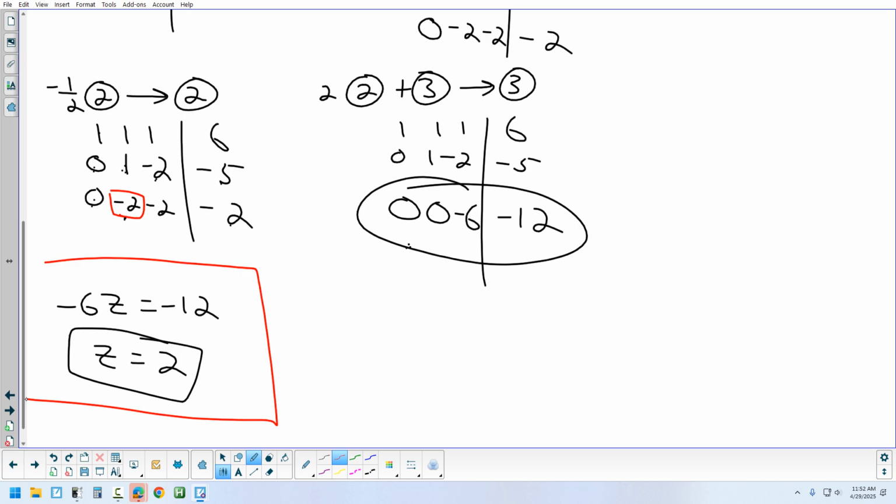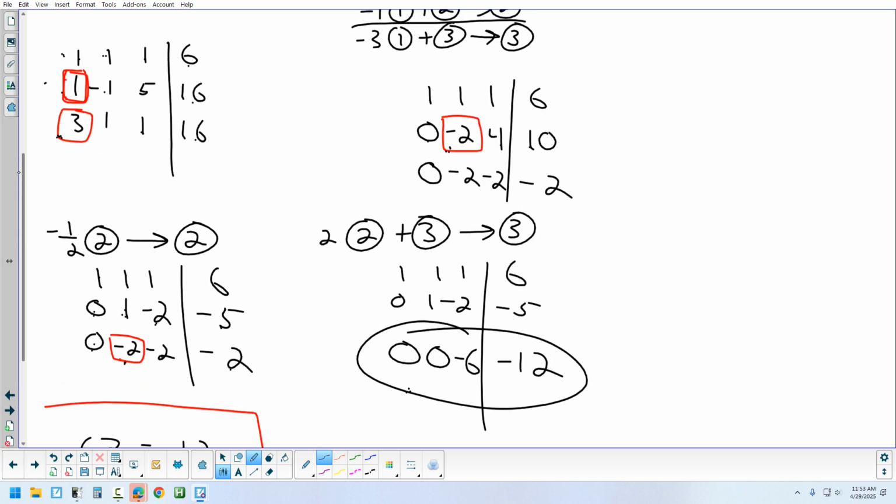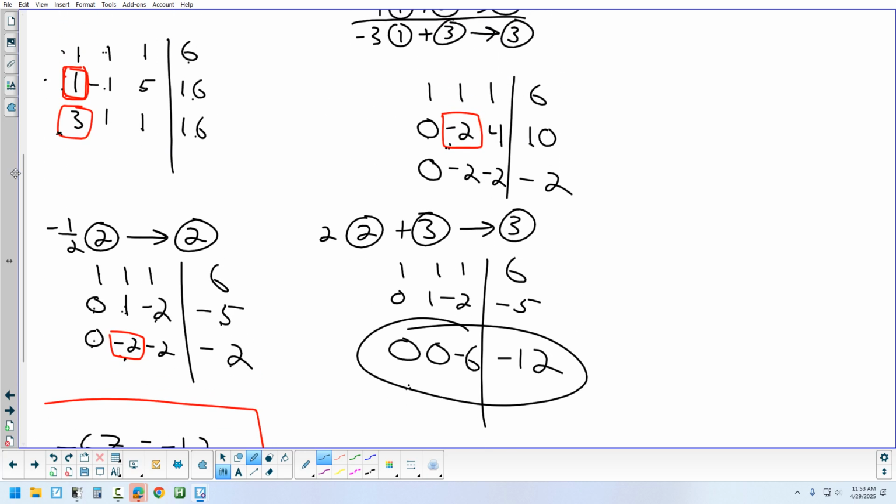Z is 2. Now, go back up to the middle row once you got a 0. I'd probably use this one right here. You could also use this one, they're the same thing, but I would stick with this one. So y minus 2z equals negative 5.